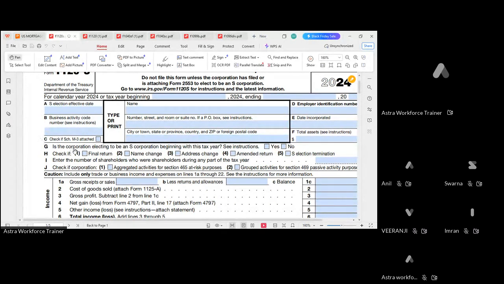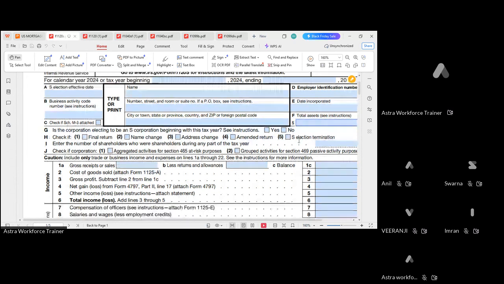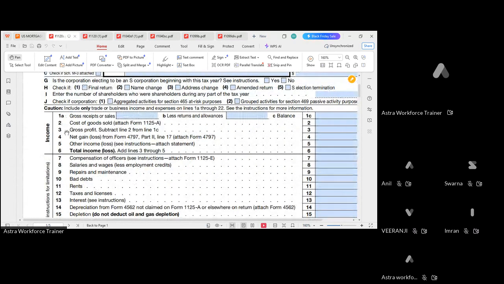Is the corporation elected to be an S corporation beginning with this tax year? Then it should be yes. We also have to check whether it is a final return or if there are any changes. Now here is the total income, the ordinary income.